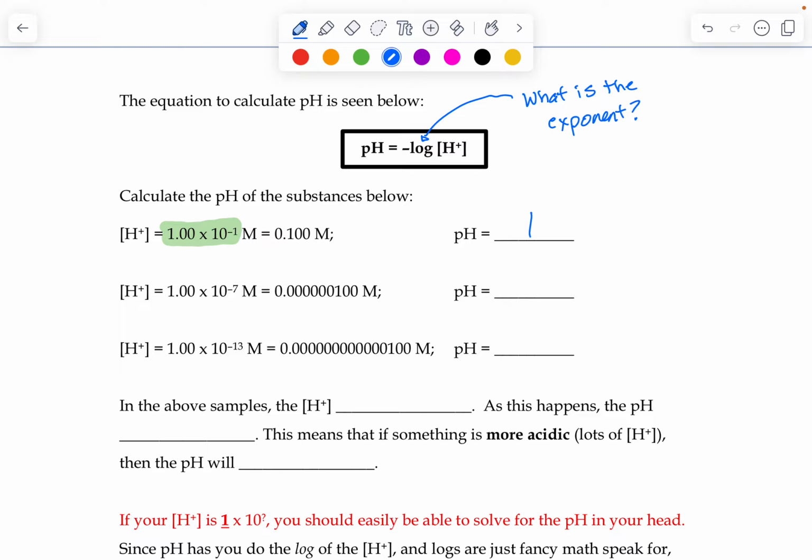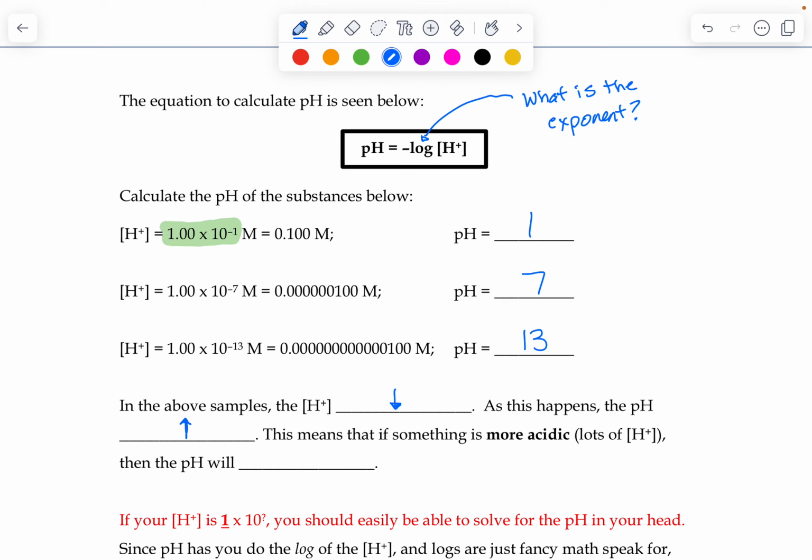For the one below that, 7 or 13. In the above samples, you can see that our H plus concentration is decreasing. It's getting smaller and smaller and smaller. And as that happens, our pH is increasing. So they're opposites of one another.